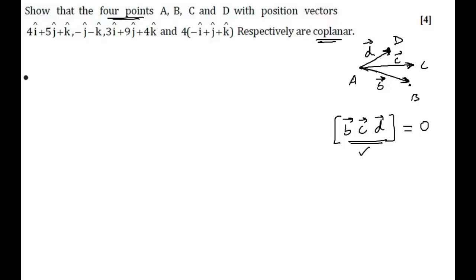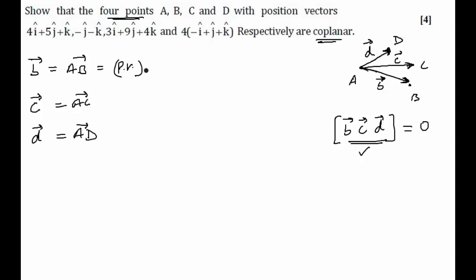Let us try to find these small b vector, c vector and d vector. So b vector is what? b vector is our AB vector, c vector is AC vector and d vector is AD vector. Okay, now how to get AB vector? AB vector is nothing but the difference of position vector of B minus position vector of A, right?